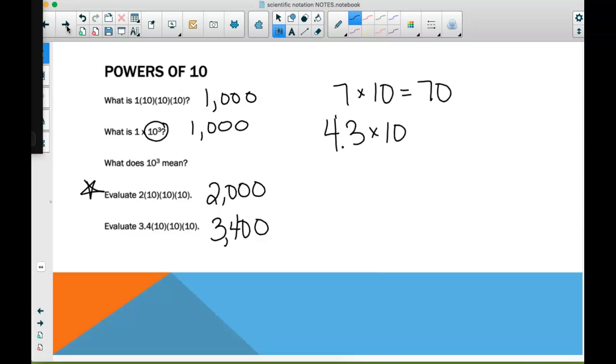Well, 4.3 times 10 is 43. So did I add a 0? No. So what happens when I multiply a number by 10? The first number stays the same. It does.